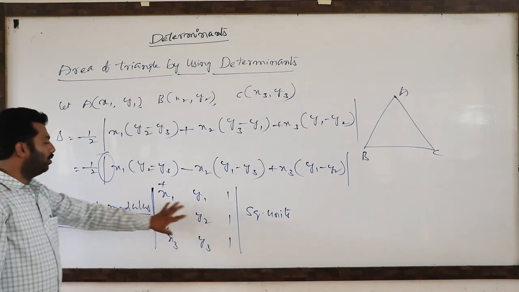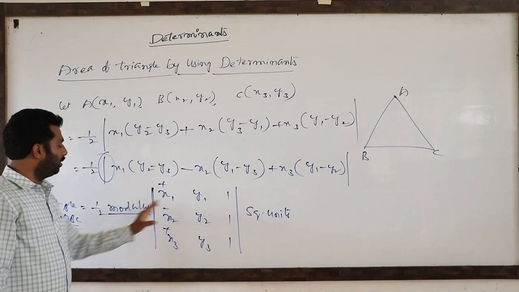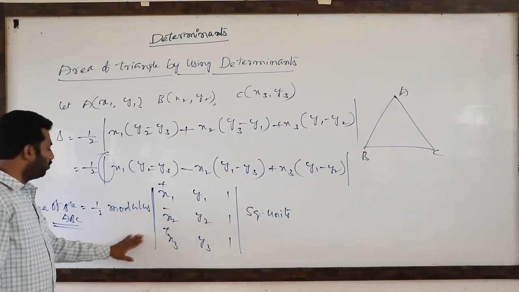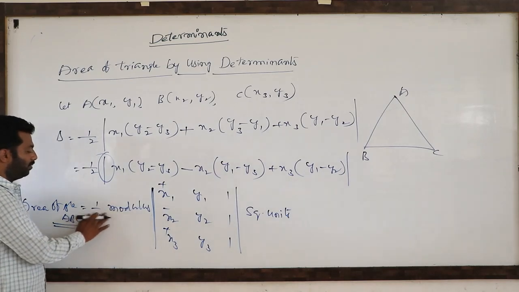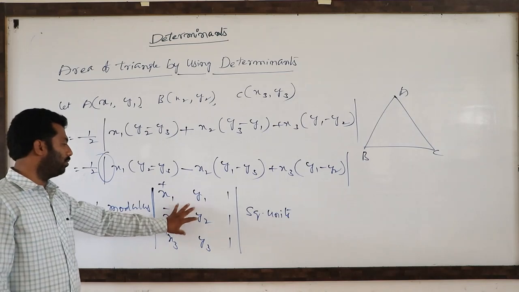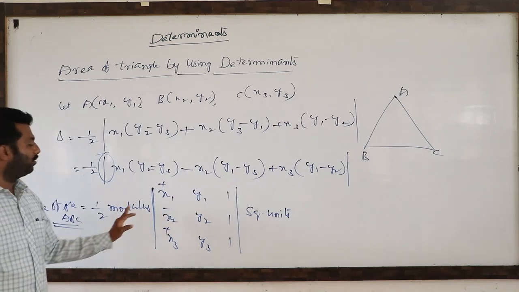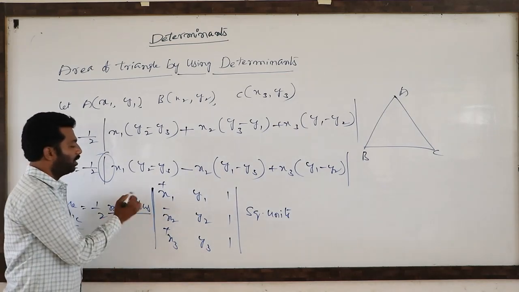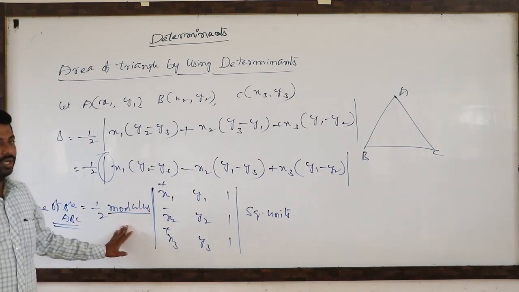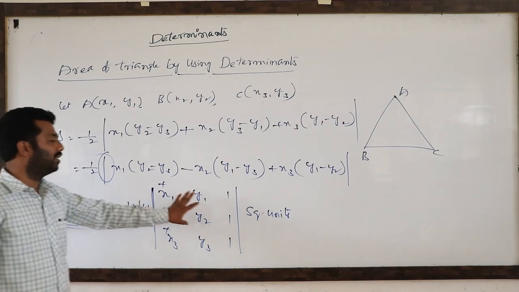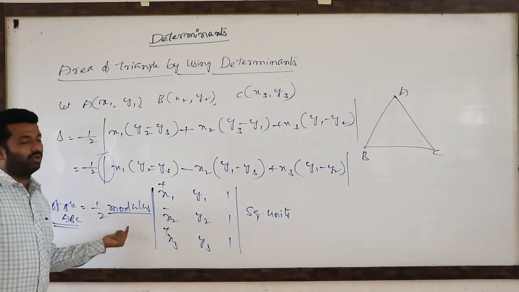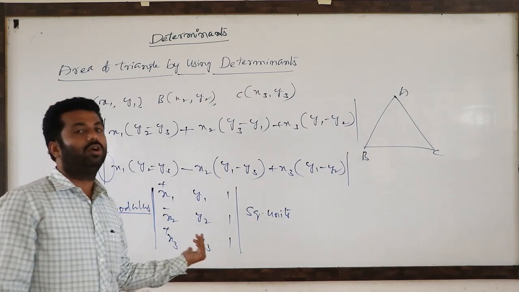To avoid such negative values we have to use modulus. Whenever the determinant is positive, no problem; whenever negative comes, there is a problem. So while writing the formula also, you have to write half into modulus of this determinant square units. In the NCERT they didn't write modulus, but you should write the modulus symbol.